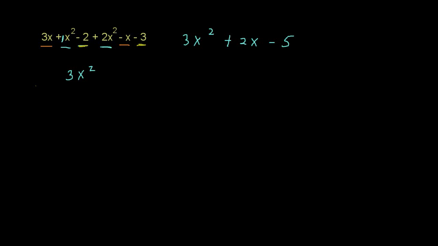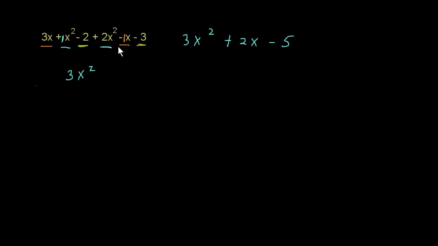So 3x squared. We don't change the variable part. Let me change colors again, and let's look at the terms that just have an x in it. Here's a 3x, and then here's a negative x, and once again we can put a 1 in there. It's negative 1x. When we combine those, we just add together the coefficient parts.